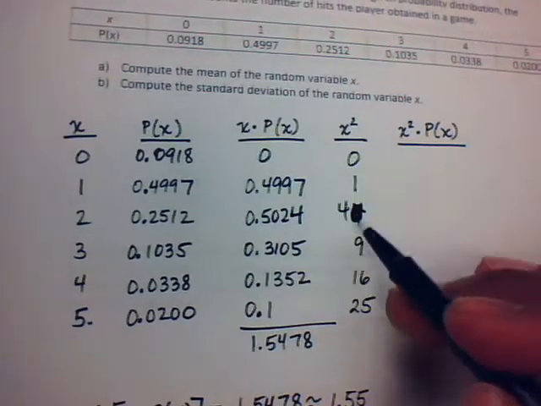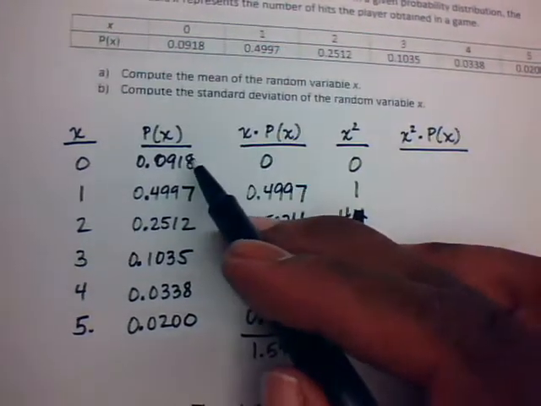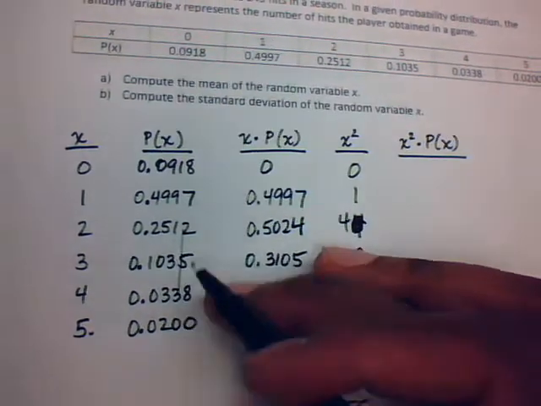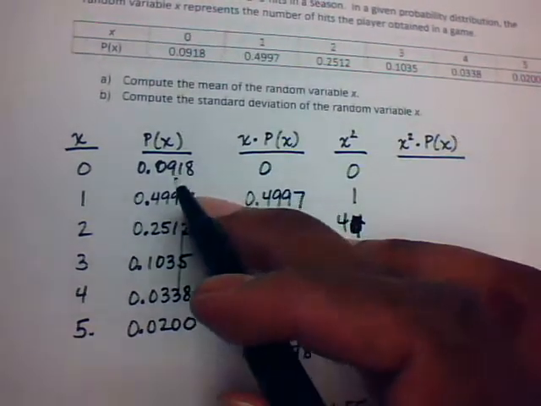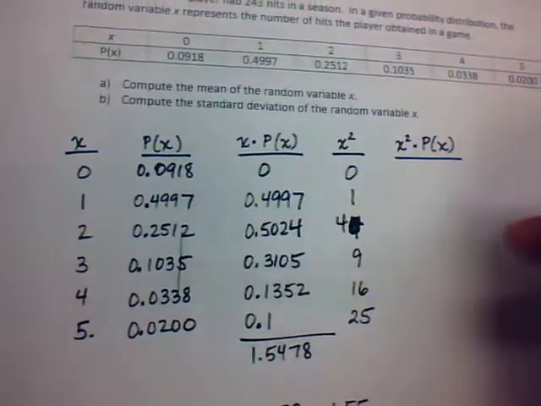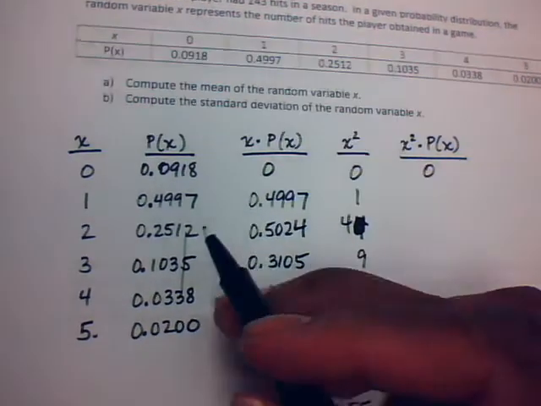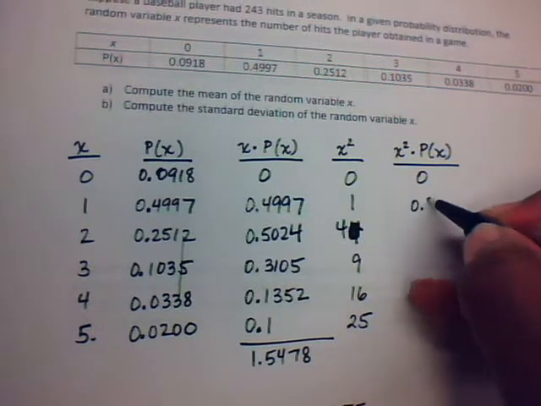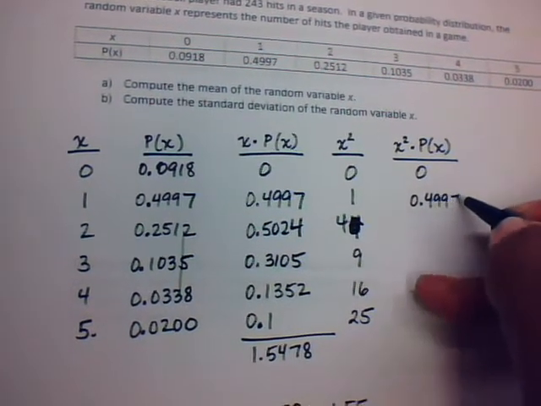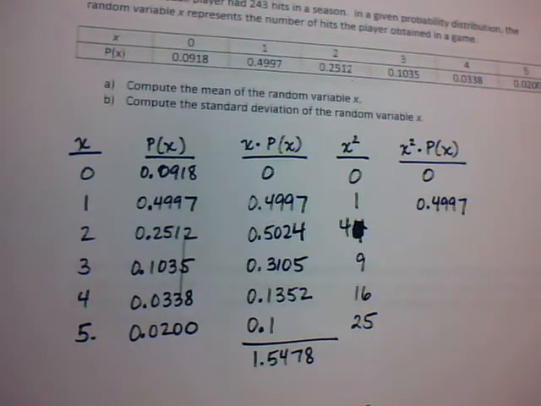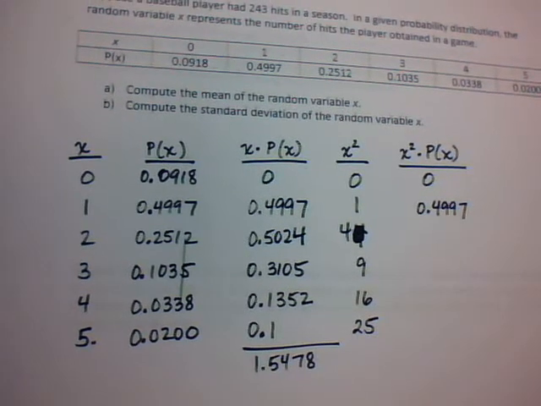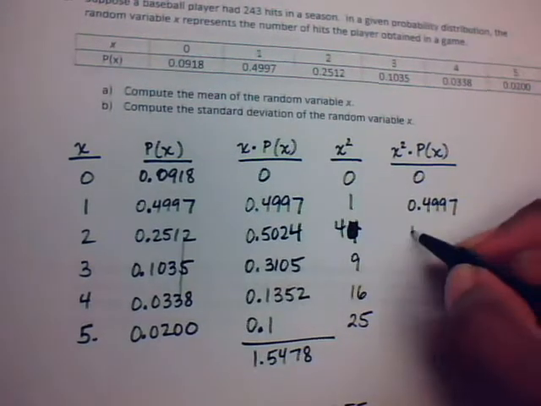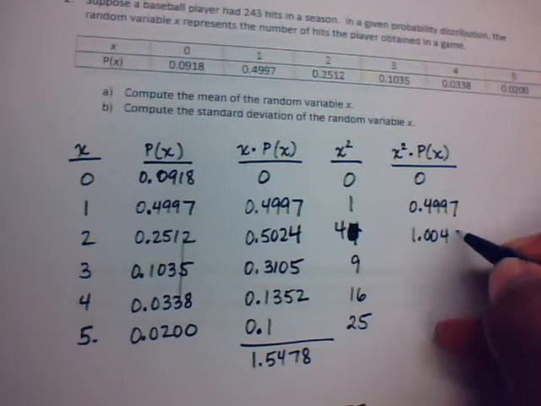Okay, now I'm going to take this column and multiply each one of those x squares by each one of these probabilities here. So 0.0918 times 0 is 0. 0.4997 times 1 is 0.4997. And 0.2512 times 4, that would be 1.0048.